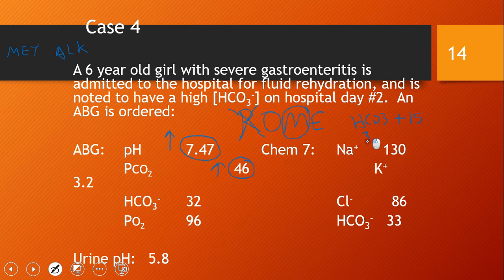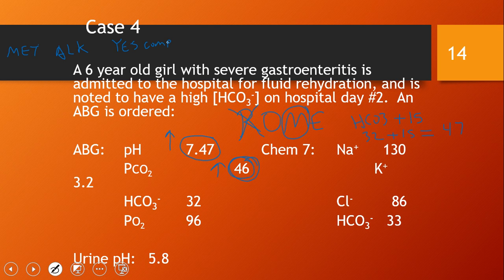It's 32. 32 plus 15 is going to be 47. So 47. Is that equal to our PCO2? Close enough. So yes, it is compensated. Compensation is adequate.